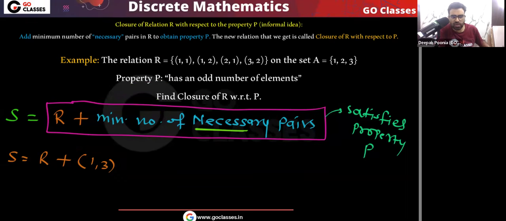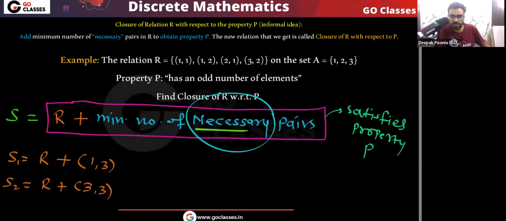No, it was not necessary, because some other student can do something else, like adding 3, 3. So you can notice adding 1, 3, adding this pair is not necessary. Adding this pair is also not necessary because you can add this other pair.